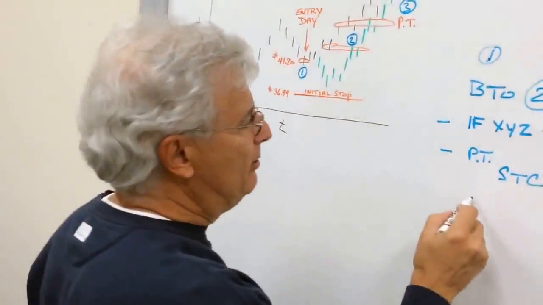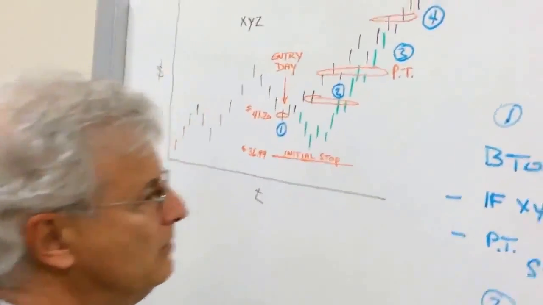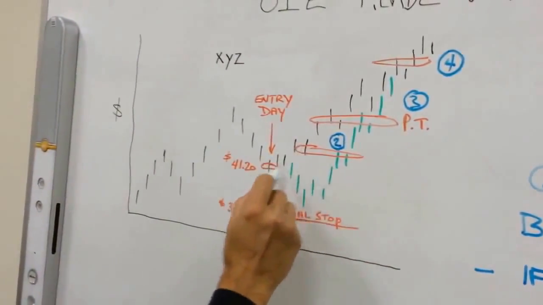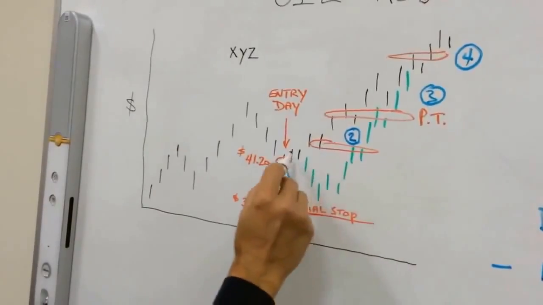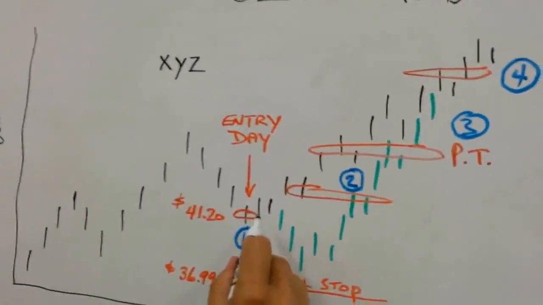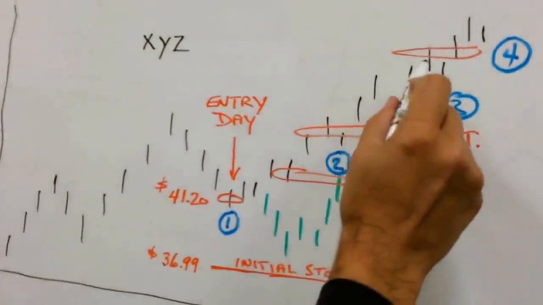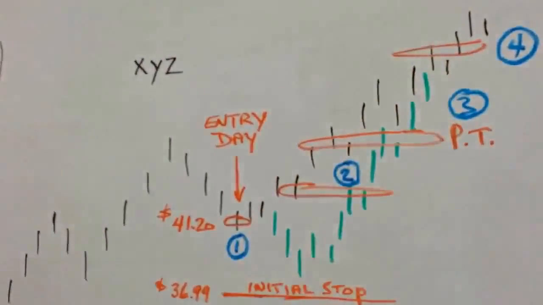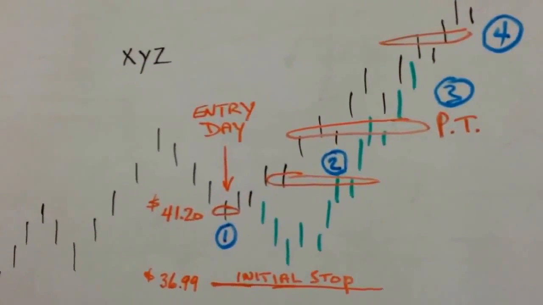Now at point 2, after the stock's moved up, I've got 2 scenarios, by the way. Here's the black bars. This is the way we'd like the market to go. After we buy, we'd like to see it go straight up with the call option.